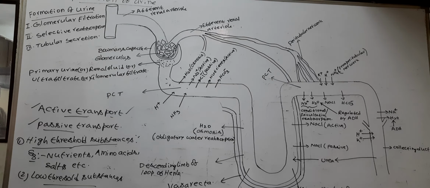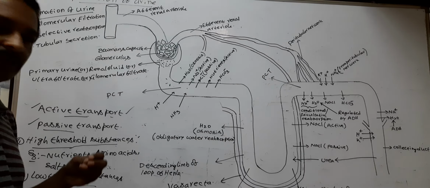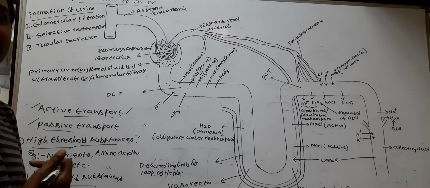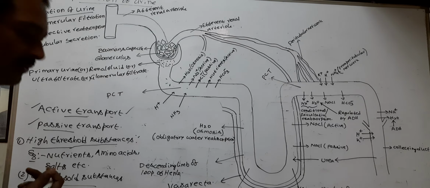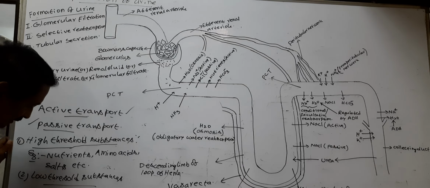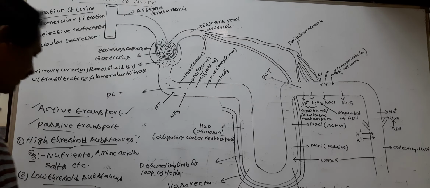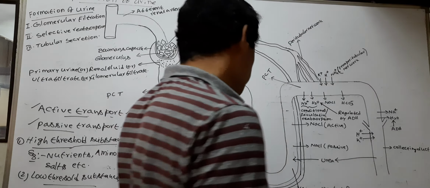Mostly A threshold substances are true excretory or nitrogenous waste. For example, creatinine is an A threshold substance.